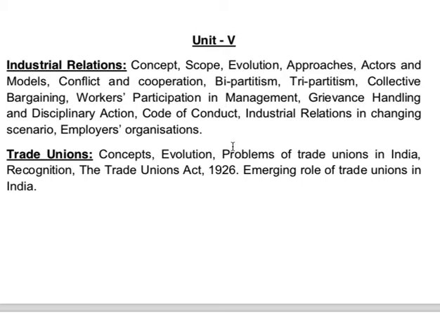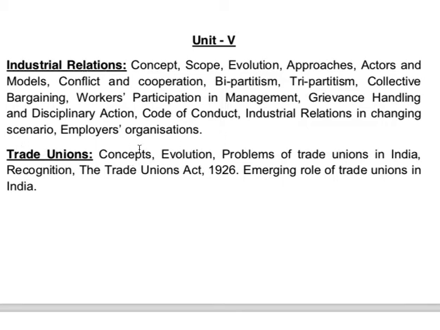The next unit starts with industrial relations: its scope, its evolution, different approaches, different models and actors involved in industrial relations, conflict, cooperation, bipartisanship, tripartisanship, collective bargaining, worker participation and so on. This unit is also divided into two parts. First deals with industrial relations and second deals with trade unions.